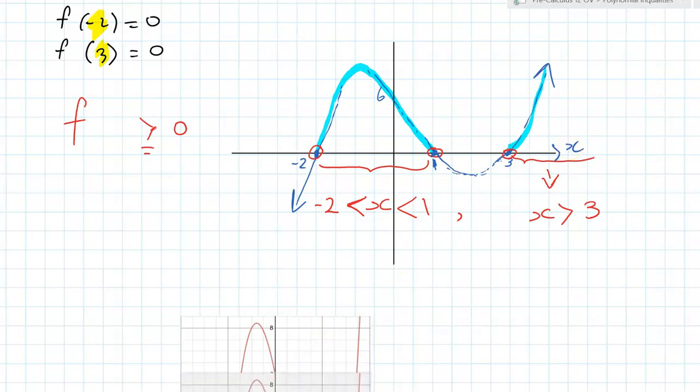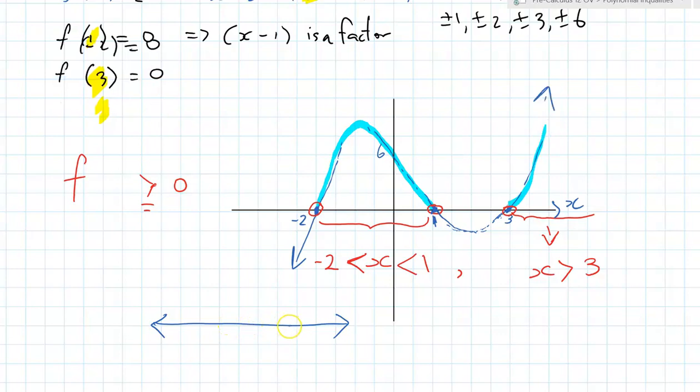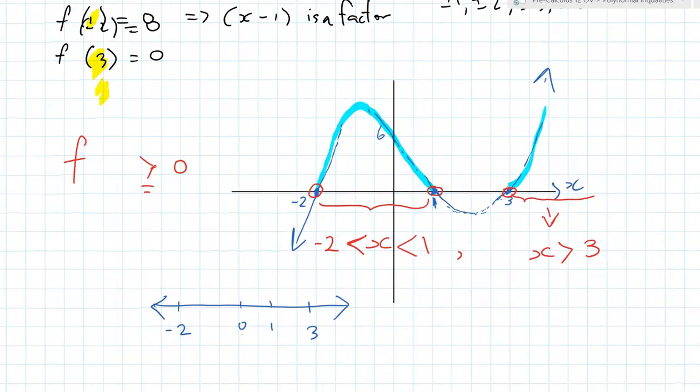Okay, so now let's put them on the number line, if that's what you want to do. So on a number line, let's do, this is 1, this is 3. If that is 0, that should be -2. So the way we do the interval, we write it like this.